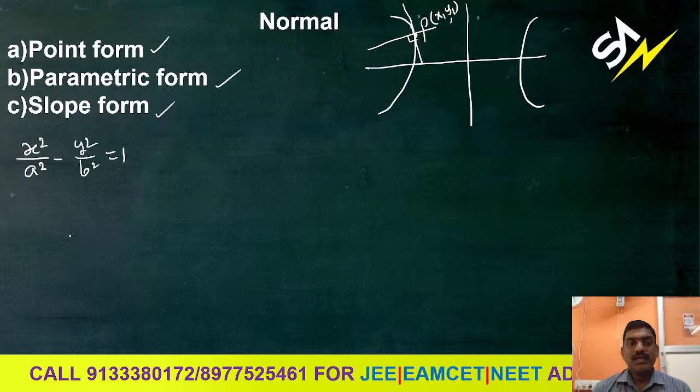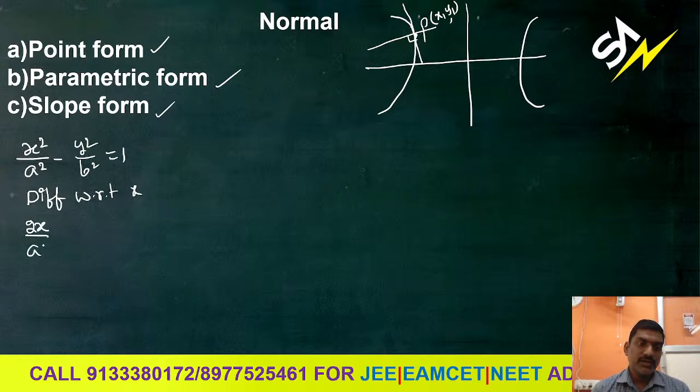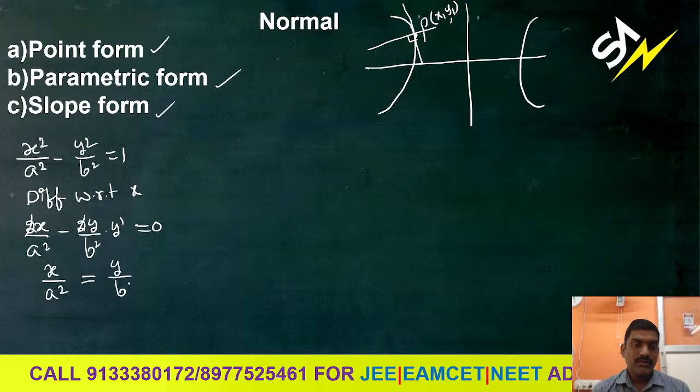So first let us calculate the slope. Differentiate with respect to x, so that we get 2x divided by a square minus 2y divided by b square into y dash, which is equal to 0. Then 2 and 2 get cancelled. So we have x divided by a square is equal to y divided by b square times y dash.